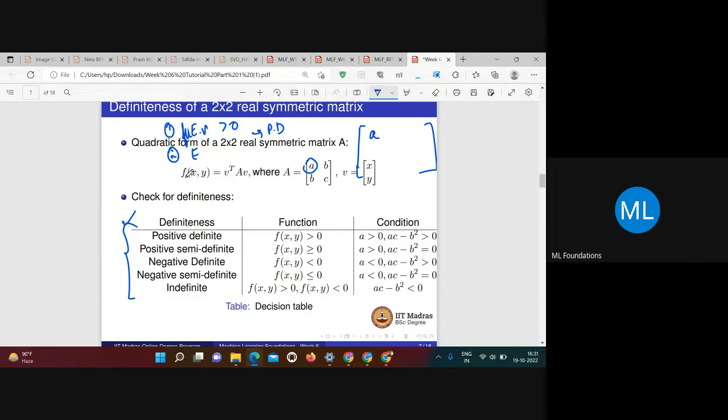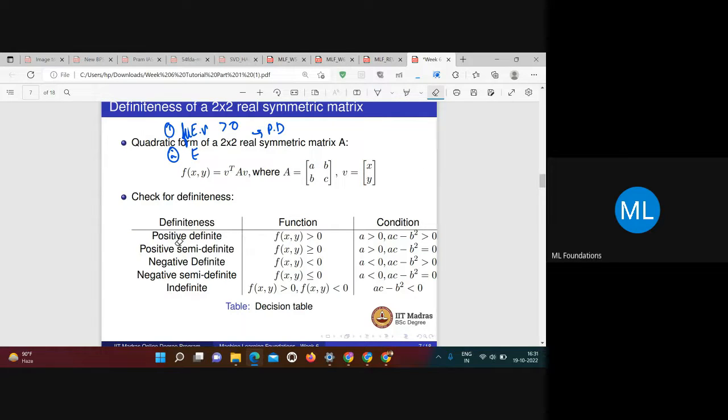And if all the eigenvalues are negative, then you can say it's a negative definite function. And if you get some as zero and some negative, then you can say it's a semi-negative definite function. Okay. So there are 4 or 5 things that I have written in one slide, and it's clearly written there also.